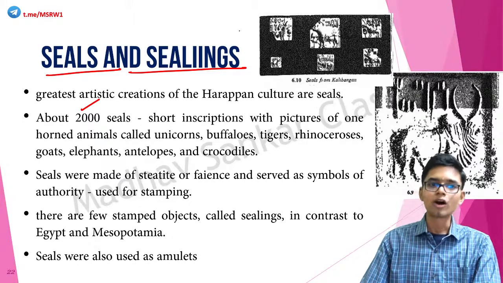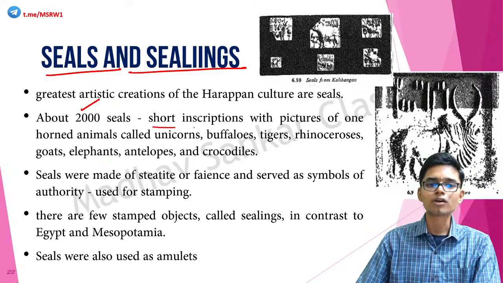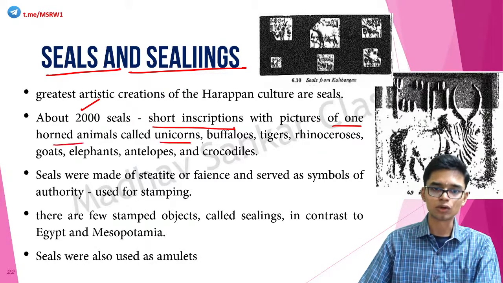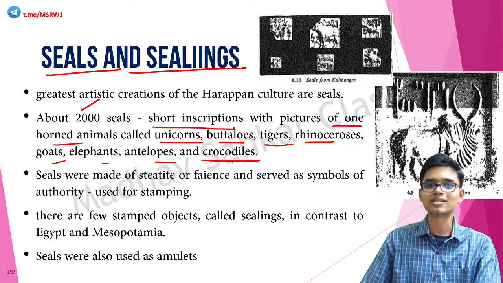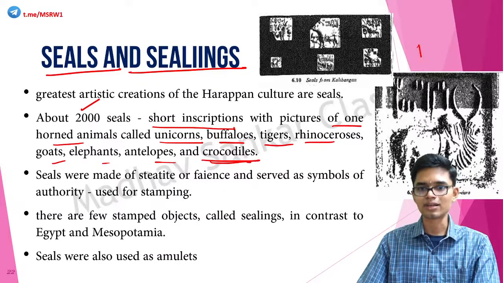All these seals, at least almost all of them, include short inscriptions with pictures of one-horned animals, called unicorns, buffaloes. Then tigers are there, rhinoceros, goats, elephants, antelopes, even crocodiles. You can see an example of a seal here. Some other examples are given here also.